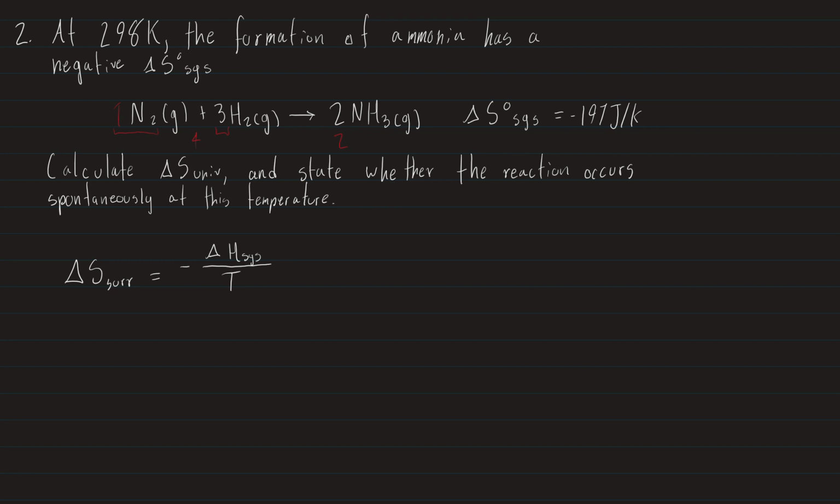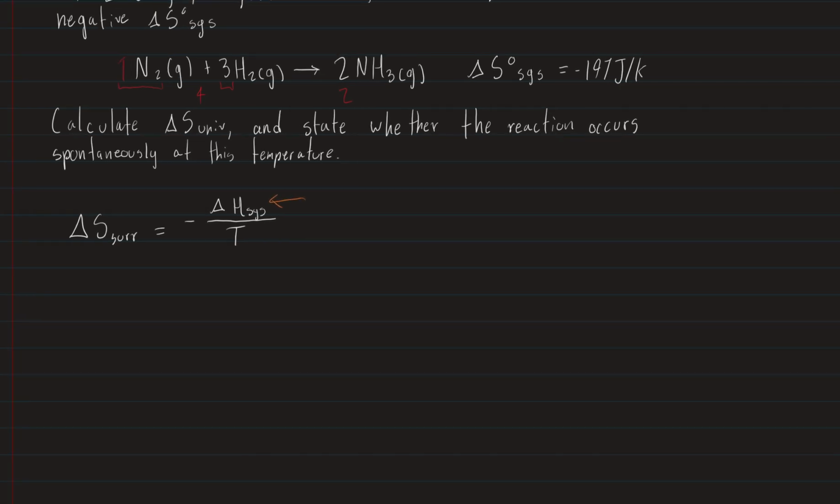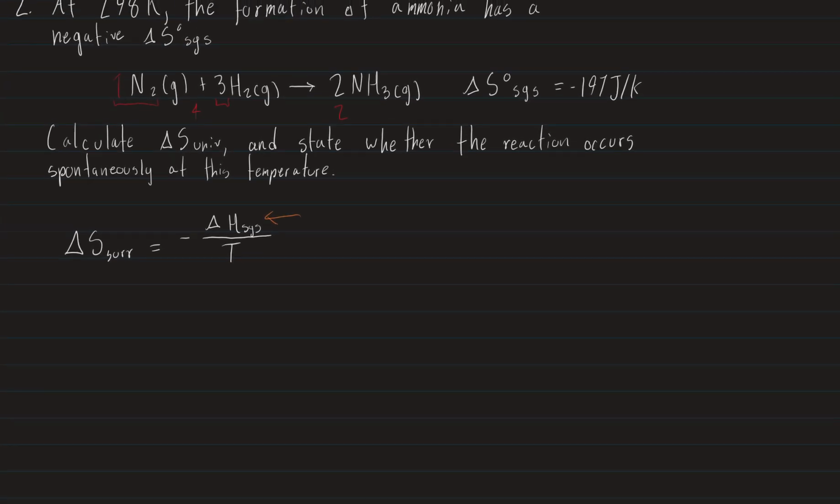So to start off, we first want to find the change in heat of the system. And for this problem, the change in heat of the system will be equal to the change in heat of the reaction.